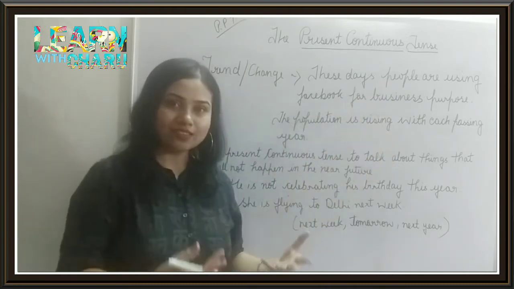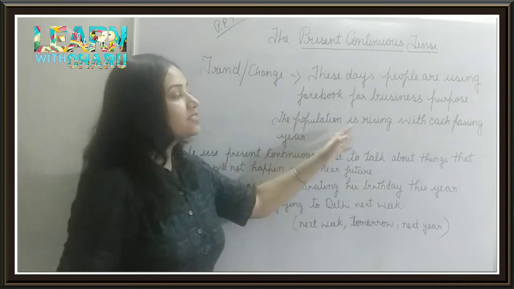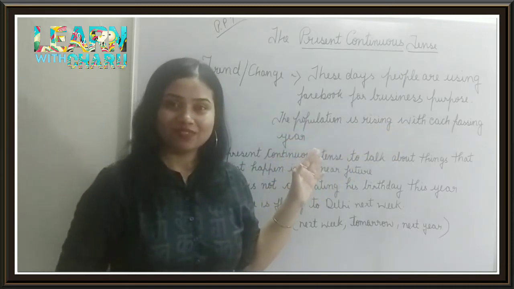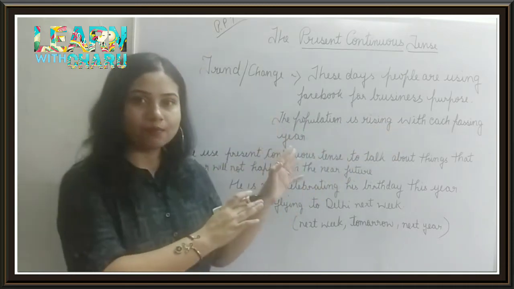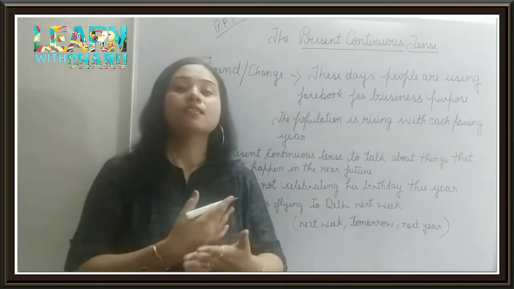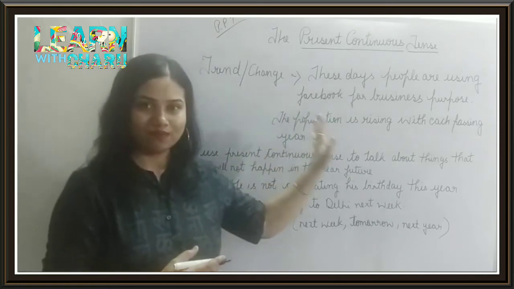Okay, change is also there, trend is also there, right? The population is rising with each passing year. Okay, so these are examples of trend and change. How can we use present continuous tense in this way? Okay.